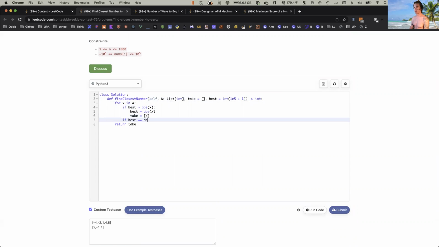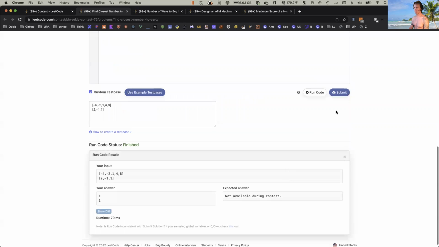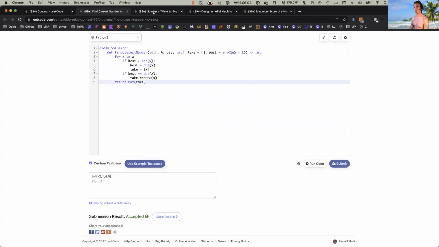Best is equal to abs x. Take dot append x. Maximum we can take. Looks good.